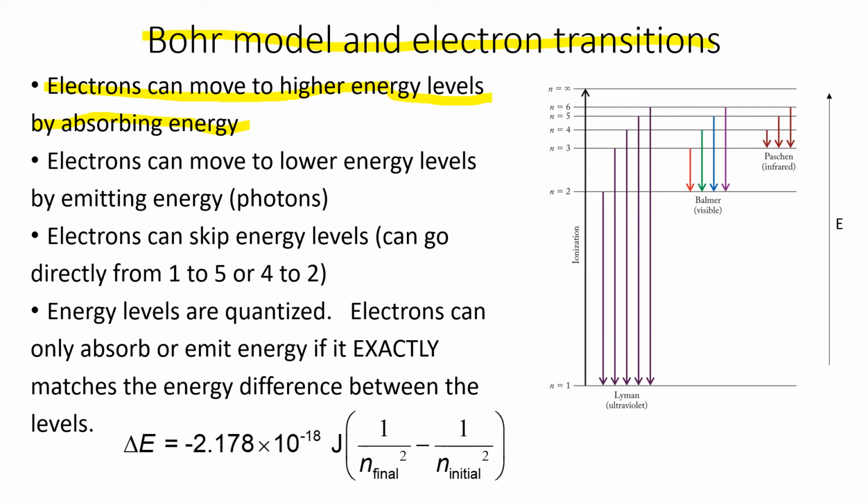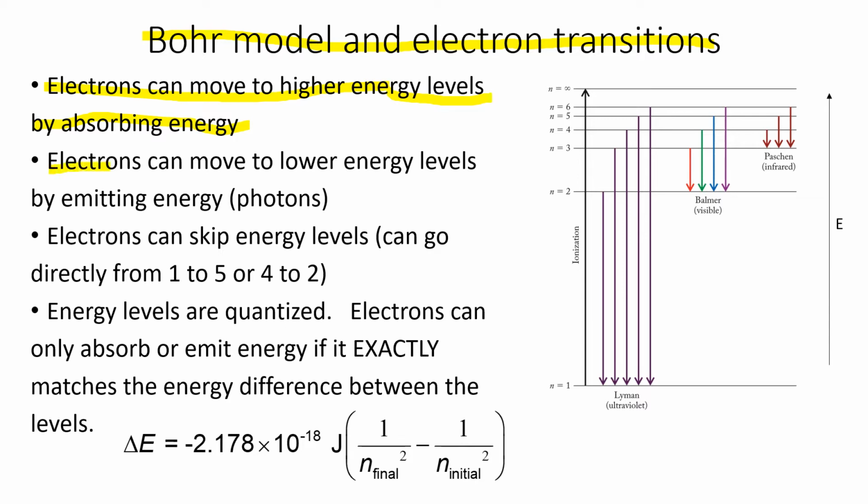To move them into a higher energy state, you have to input some amount of energy. The electron is no different here. So we can move the electron from a low energy state to a high energy state if it will absorb energy. We can also talk about the exact reverse process.